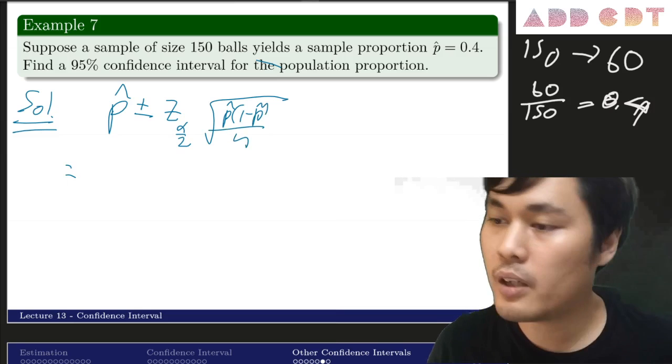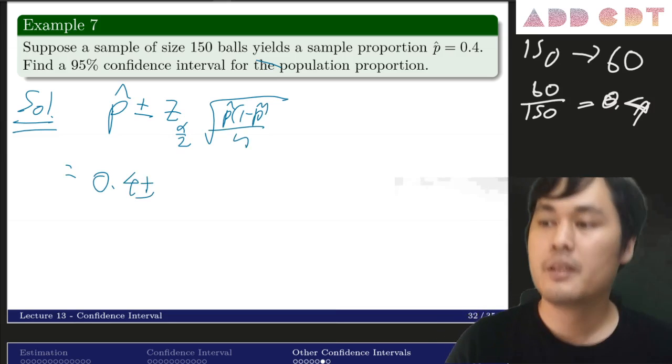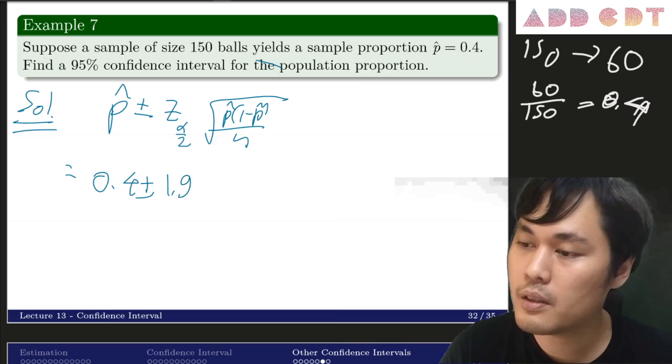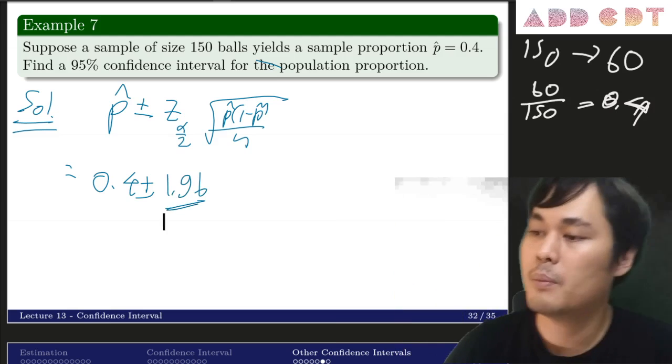And p hat is 0.4. We have a 95% confidence interval, so we can get that 1.96 if we memorize that.